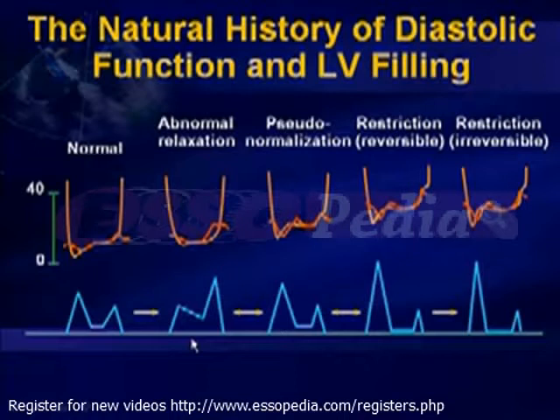Therefore, as one evolves from a pattern of LV relaxation through to one associated with marked elevation in filling pressure, or a restrictive pattern, at some point in the middle, the mitral inflow velocity profile will look normal. Therefore, clinically, when one sees a normal mitral inflow velocity profile, we need to ask ourselves the question: is this truly normal and associated with normal LV filling pressure, or abnormal and associated with elevated filling pressure?